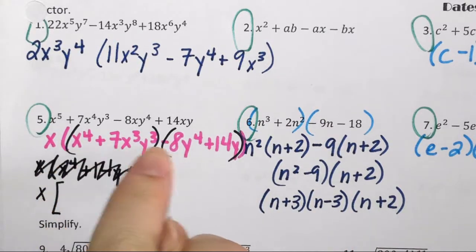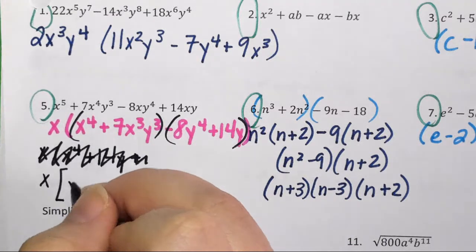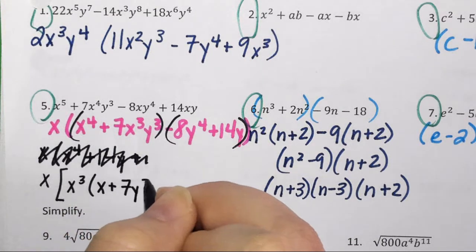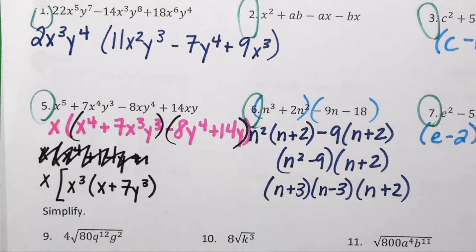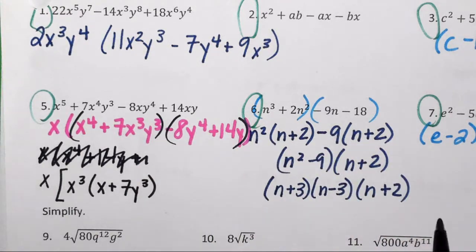Okay, if I left it as it was, I could pull out what? If I pull out an x to the 3rd, I'm left with an x plus 7y to the 3rd. But with that second term, with the 8 and the y, I'm going to be left with the y to the 3rd, but there's no x left.